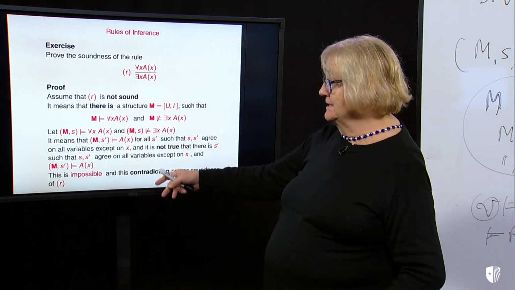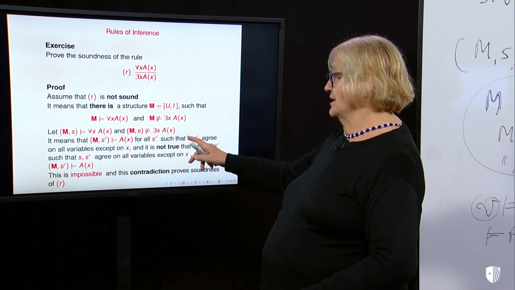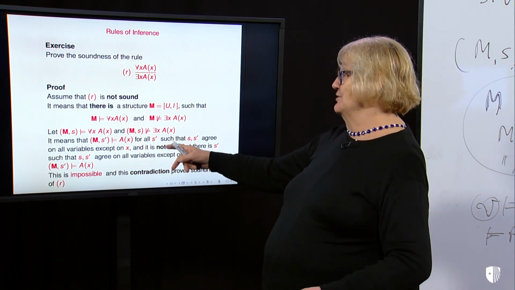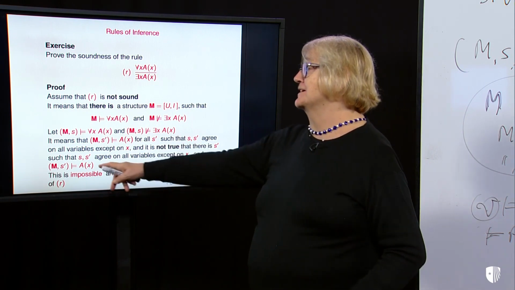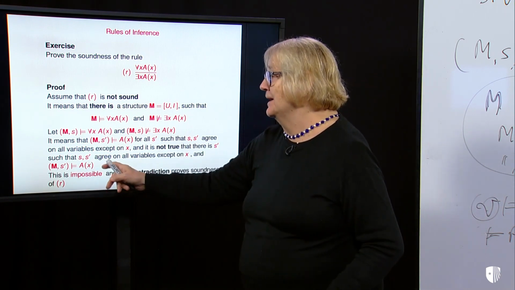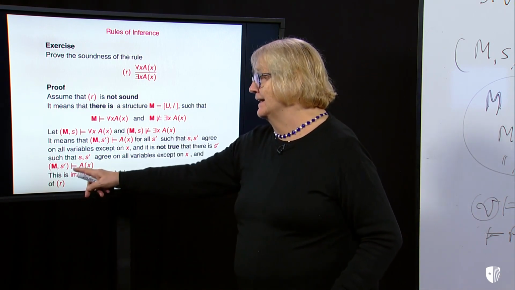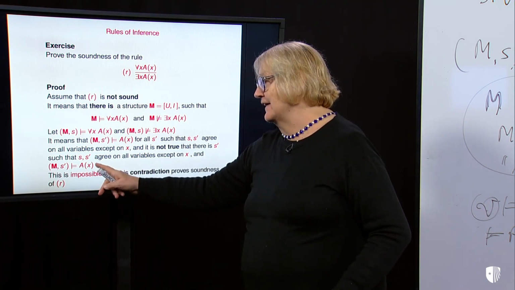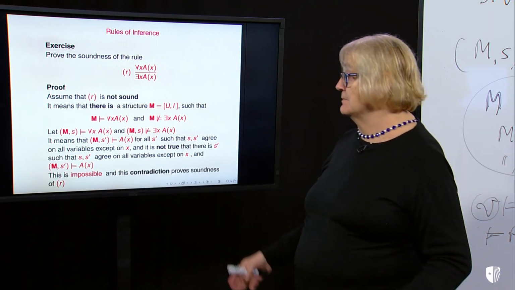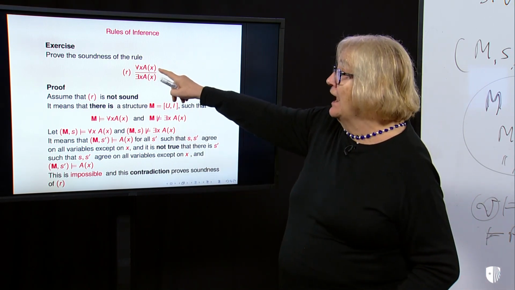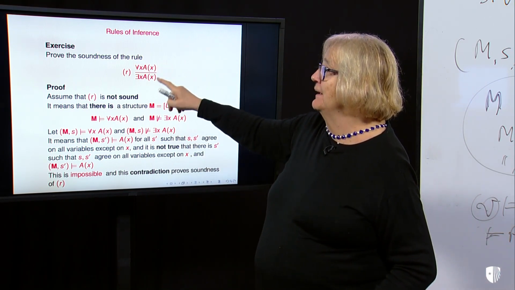So it means that there is an s' agreeing with s on all variables except for x, such that s' satisfies A(x) in the structure M. It's impossible, so you have a contradiction.